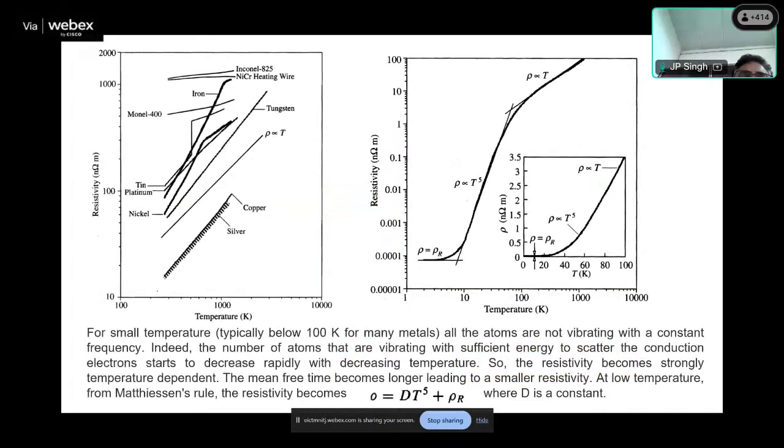Here you see the typical curve of how resistivity depends on the temperature. For high temperature, more than 200-300 Kelvin, above room temperature, the experimental resistivity curve is proportional to the temperature. For most metals it is like that.